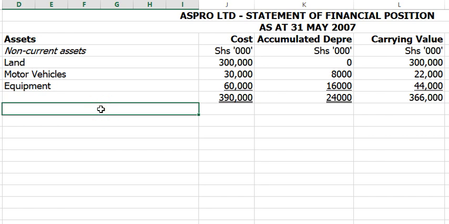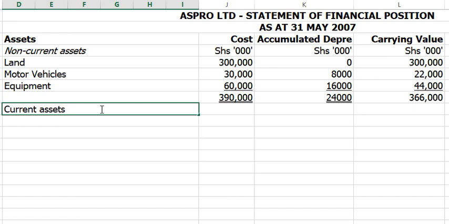So current assets. We are on the current assets. Now you need to know, what are the current assets?